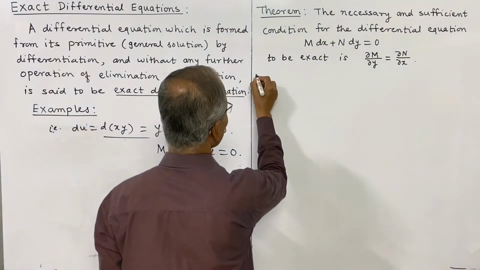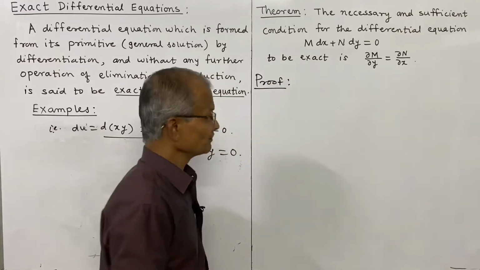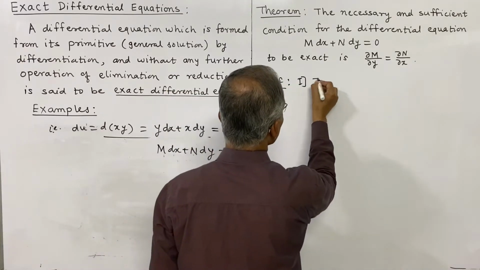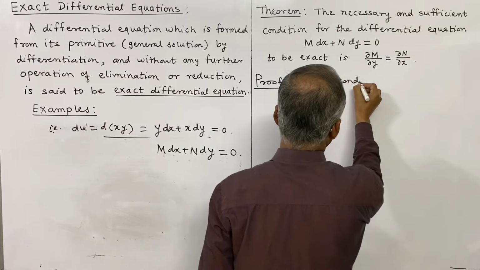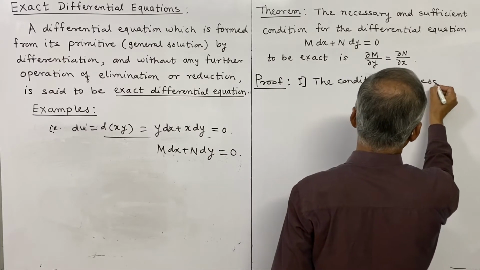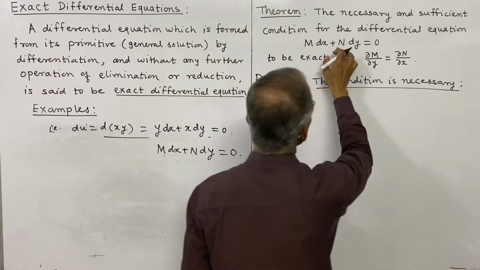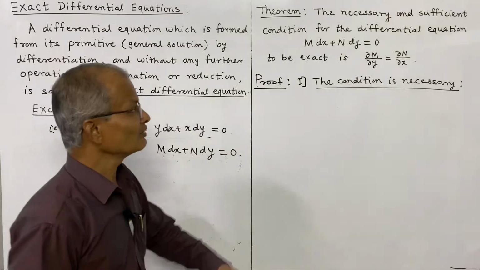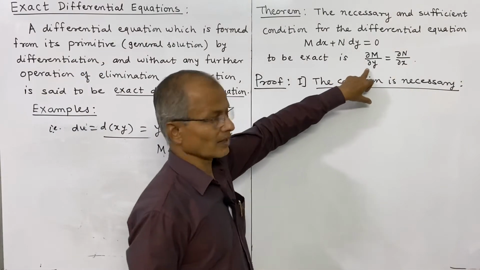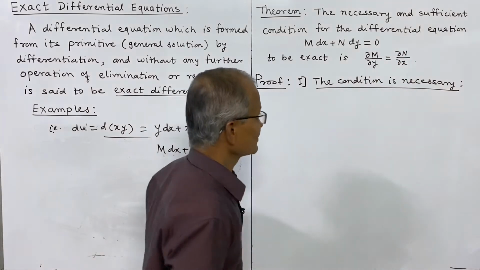First we shall consider the proof that the condition is necessary. The condition is necessary, and that means we shall assume this equation is exact, and then we shall prove this relation, dou m by dou y is equal to dou n by dou x.